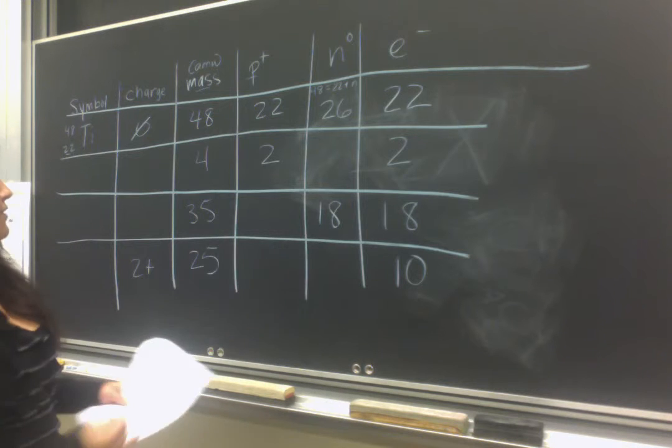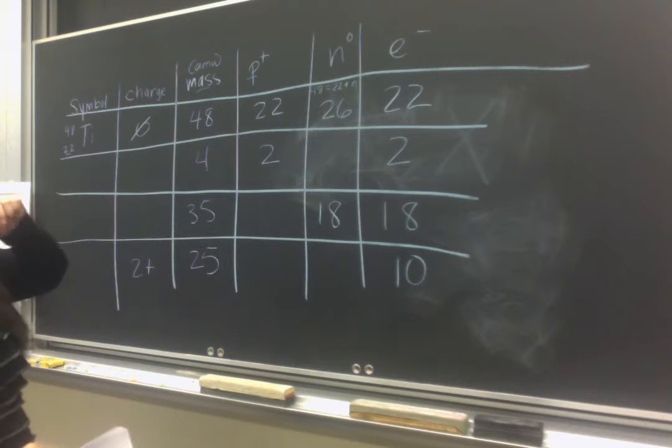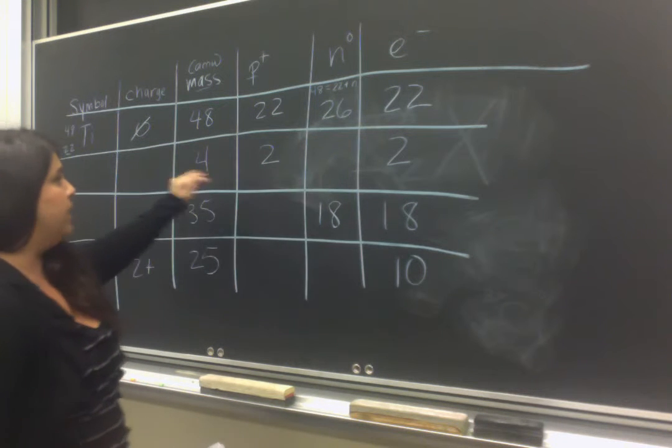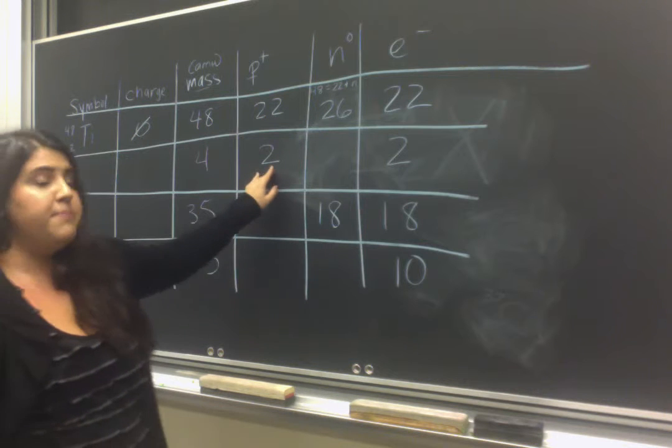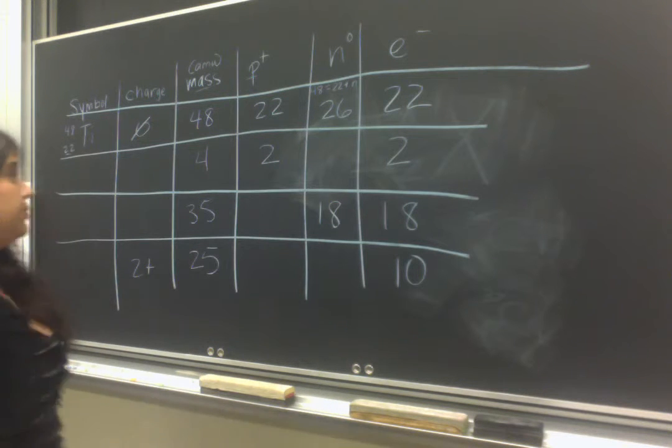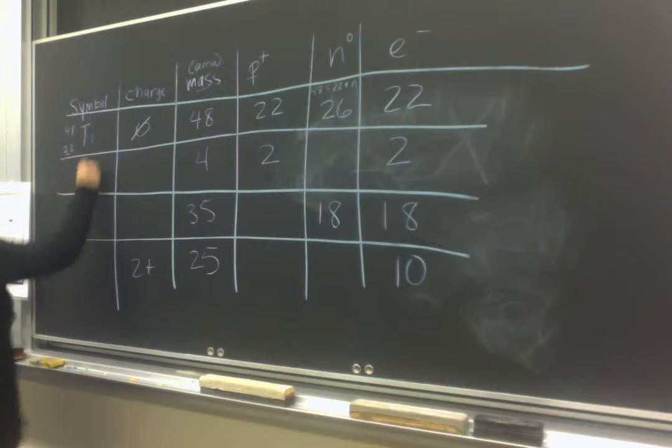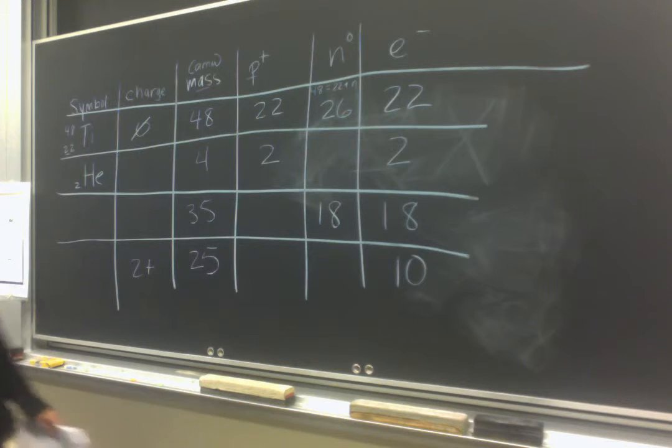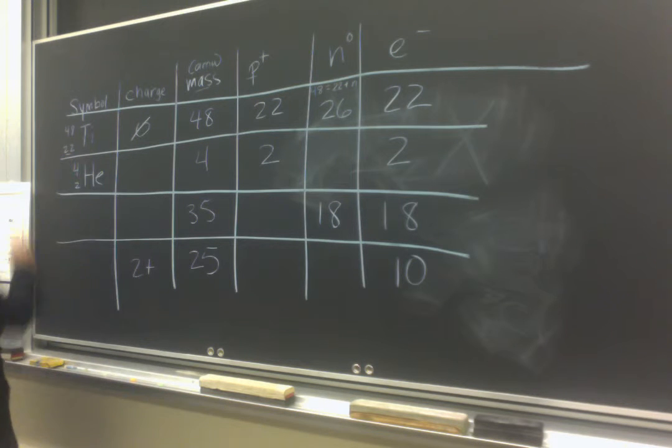So if I continue to fill this out, for my next one, the first piece of information I should look at for the identity is my number of protons, 2, which gives me helium with 2 protons. To finish off my nuclear symbol, I would write the mass up top as a 4.